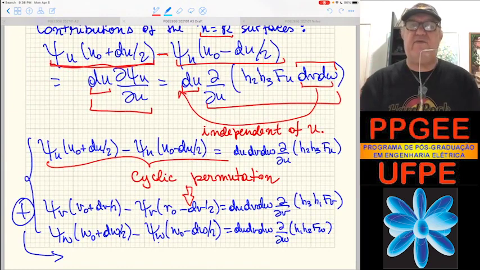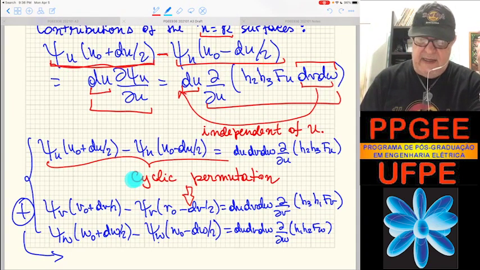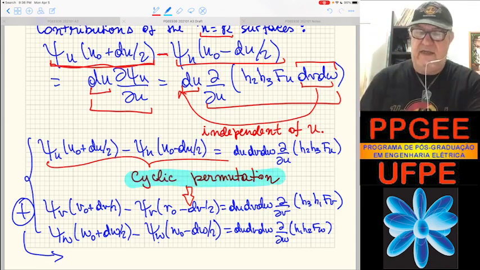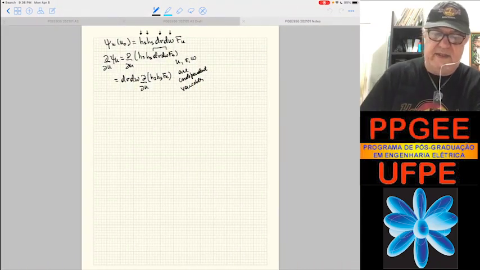So that's the contribution. If I calculate the other fluxes outward, you just make cyclic permutations, right? So it's very easy by doing cyclic permutations.